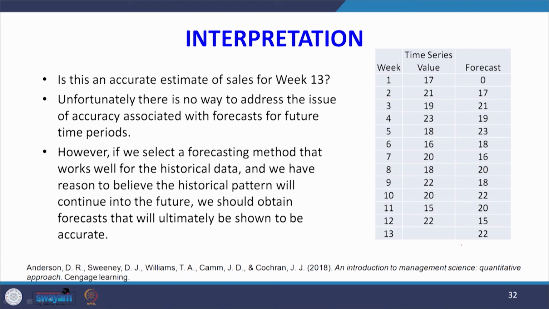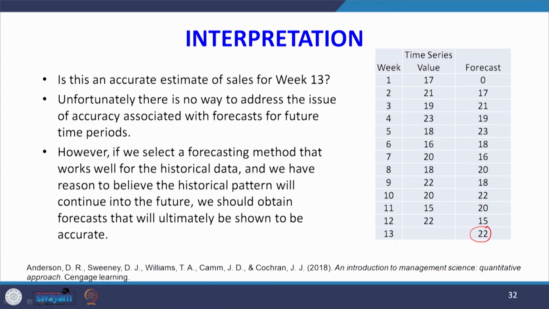However, if we select a forecasting method that works well for the historical data and we have a reason to believe the historical pattern will continue into the future, we should obtain forecasts that will ultimately be shown to be accurate. So, we have forecasted for week 13, the forecasted value is 22.